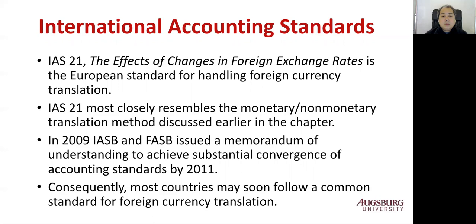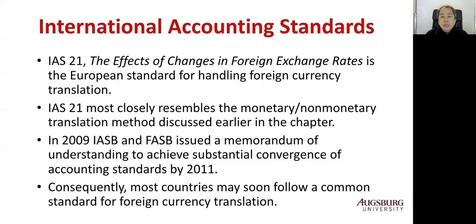That may be a little tricky, because if you run a company in Europe but the home country is the United States, then you have to use the monetary, non-monetary translation method in Europe, and you have to consolidate to the U.S. parent firm, which is required to use mostly current rates, right?